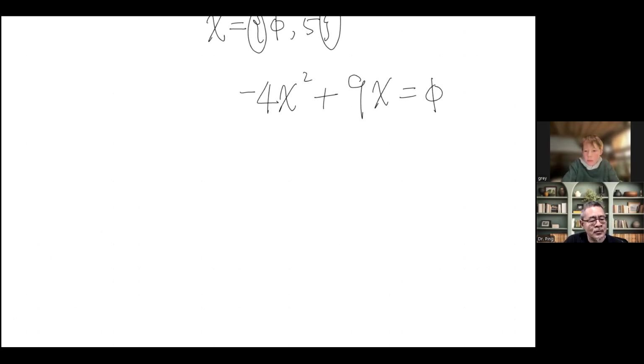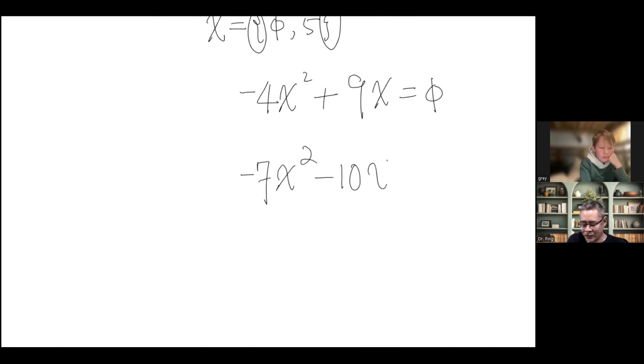Ah, very good. It is. You got that right. Okay. Negative 7x squared minus 10x equal to 0. Let's see how you do this one.